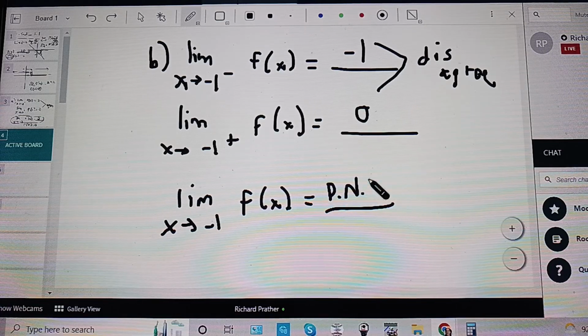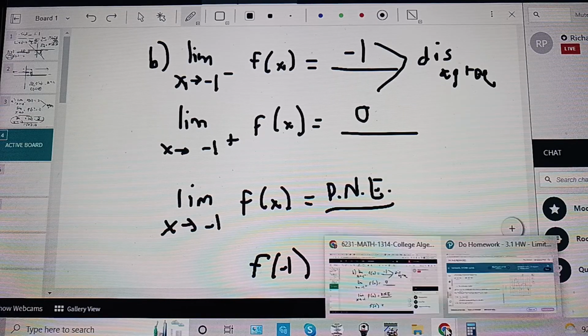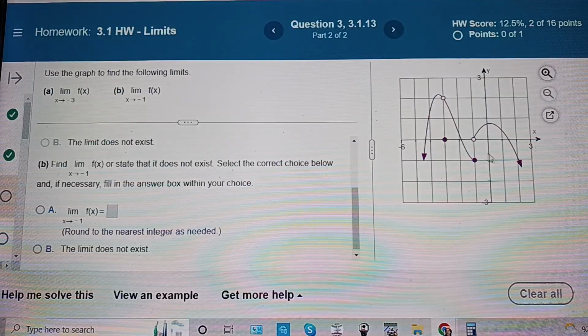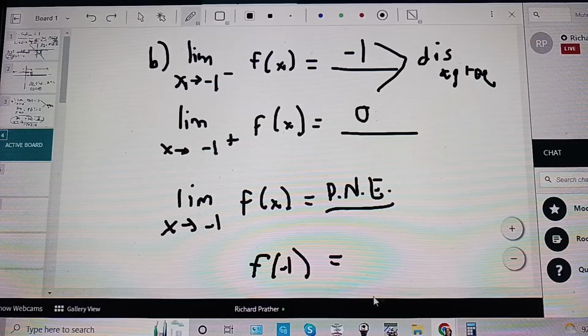limit does not exist. Even though, and this has nothing to do with this problem, but it will later, f of -1 actually has an answer. I'm going to go ahead and do it because you're going to need it later. If you're exactly at -1 where this hole is, there's actually a closed circle down here at -1. So in algebra, they would do f of -1, and they would say the answer is -1.